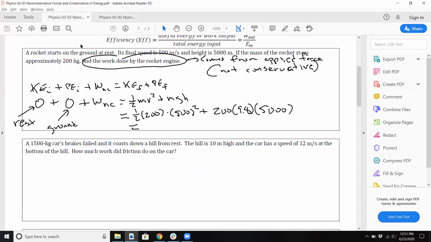Yeah, if you work it out correctly, you should get this, or 3.48. So that one seems pretty straightforward there.